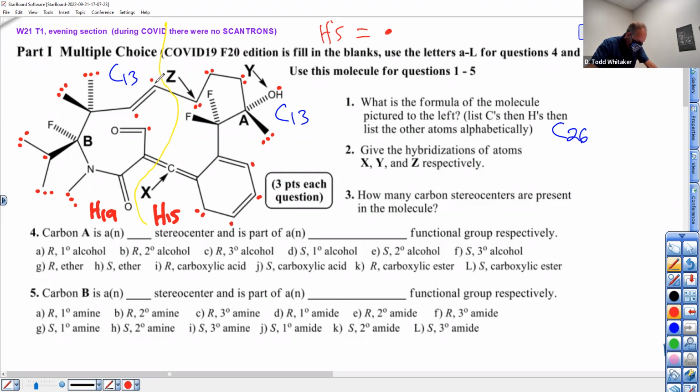Do this again. 1, 4, 7, 10, 11, 14, 17, and 18. Why did that come out wrong? What did I do wrong? Uh-oh. 1, 2, 5, 8, 9, 12, 15, 18, 19. So we agree H34?